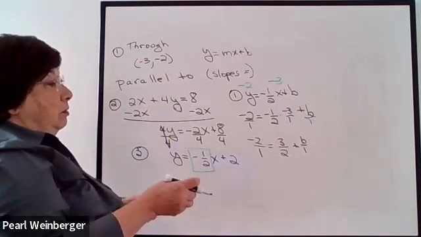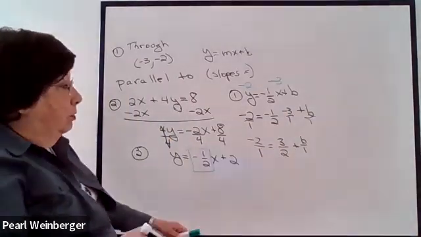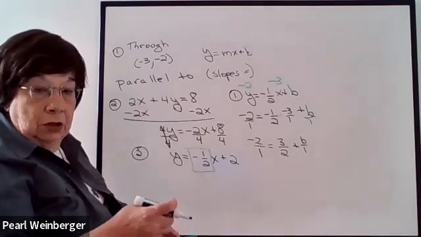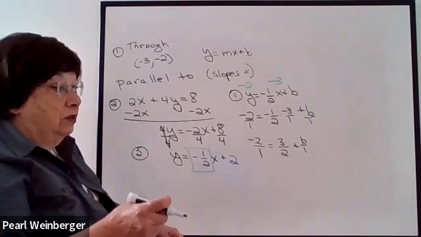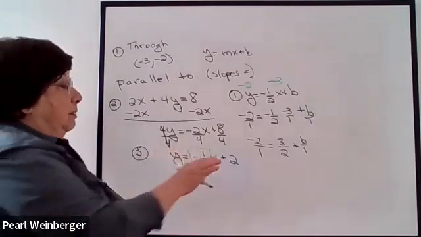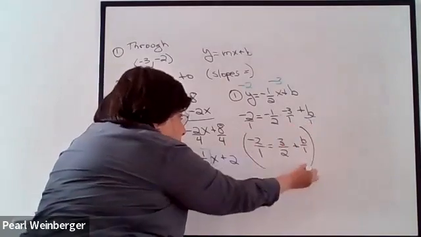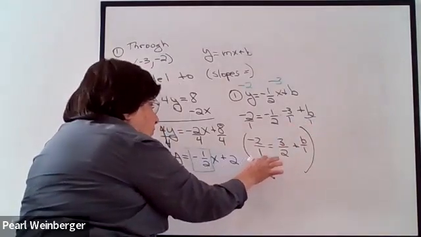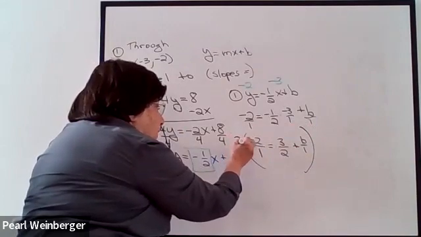And we could either multiply by the common denominator, or we could just try to work with the fractions. When I'm left with a fraction, I like to multiply by the common denominator, and I see I have a 1, a 2, and a 1. I'm going to multiply everything by 2 over 1.